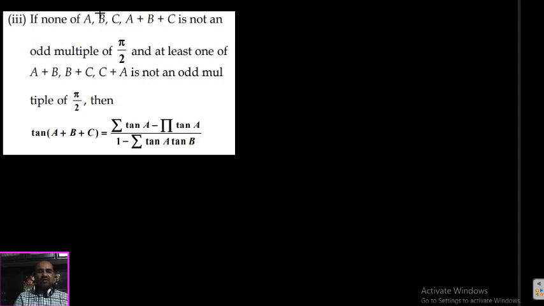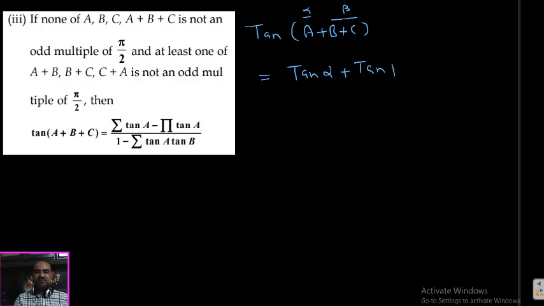Okay. Now I want the expansion of tan of A plus B plus C. I take this as beta and this as alpha. So this is the same as tan alpha plus tan beta by 1 minus tan alpha into tan beta.